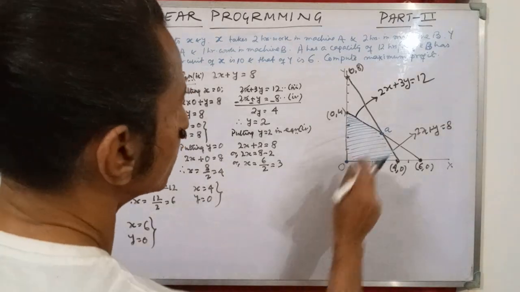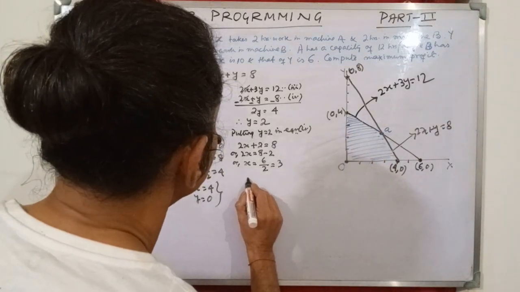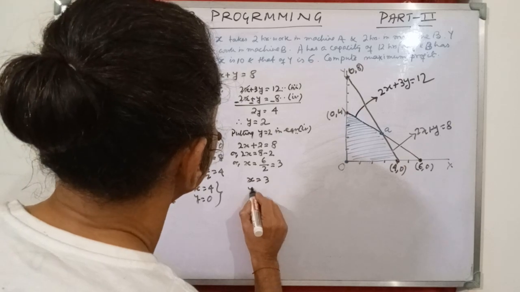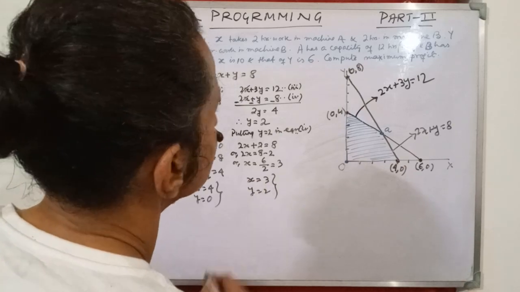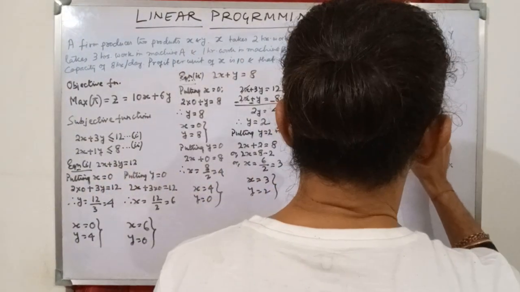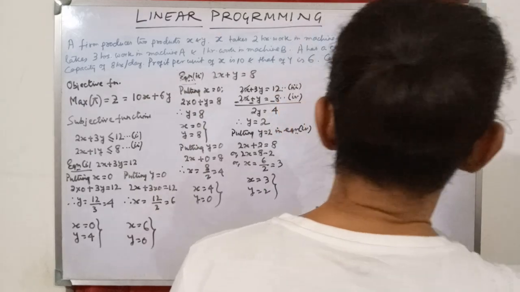So the coordinates of A is x equals to 3, y equals to 2. So this is 3 and 2.